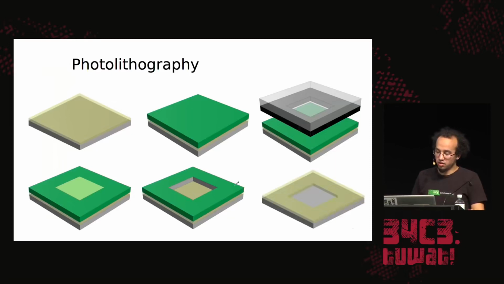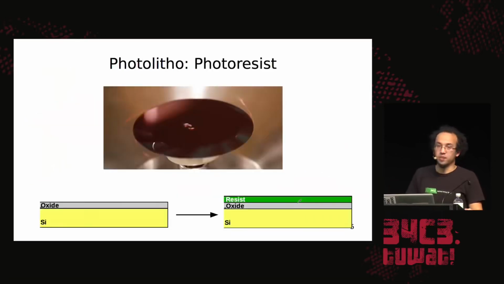And then you can make your actual step of taking away the silicon dioxide and afterwards dissolve away the resist, and you have your hole in the silicon dioxide layer in the wafer. Great.